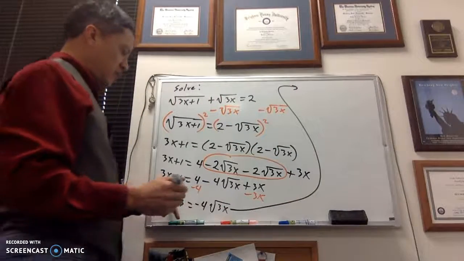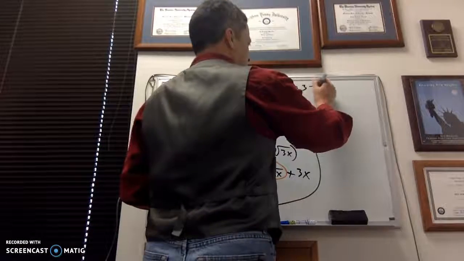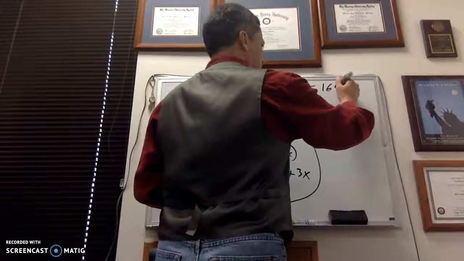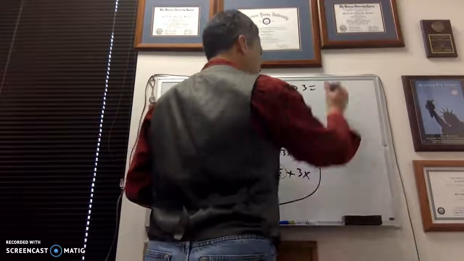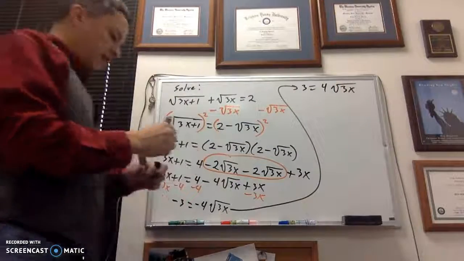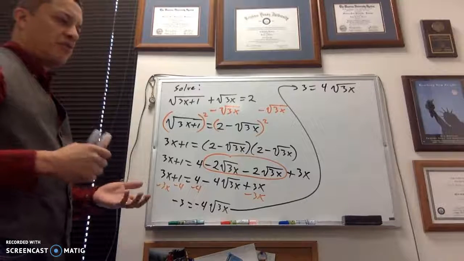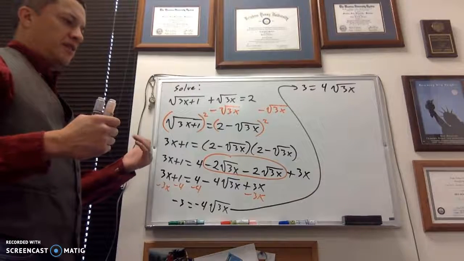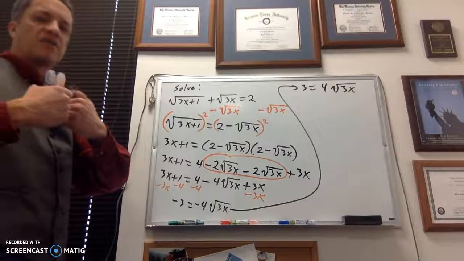So then if I divide both sides by a negative 1, that'll give me 3 equaling 16. Oh, no, it doesn't. 3 equals 4 times the square root of 3x. I was getting ahead of myself. So at this point, if you've seen, there's a Dirty Harry movie where the bad guy is holding a hostage really close, and he won't let the hostage go.